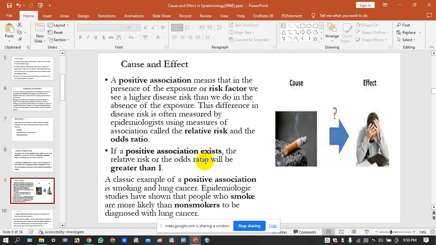Mr. Abdullahi, odds ratio is used in which study design? Mr. Abdullahi, I'm waiting.